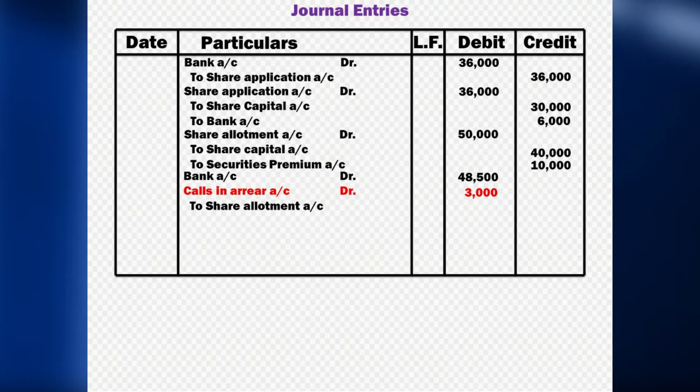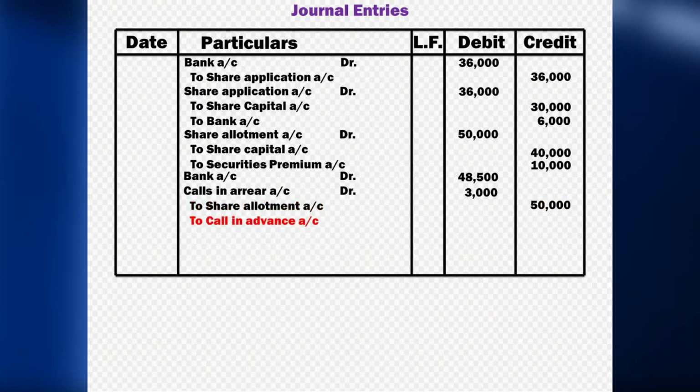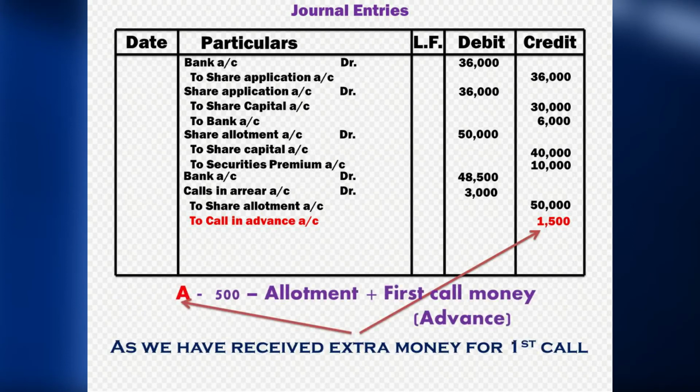And then to share allotment. Share allotment is only rupees 50,000. This is the money due on allotment. That is 10,000 into 5. And then to calls in advance 1,500, because we have received extra money for next installment of first call from A, that is 500 into 3.